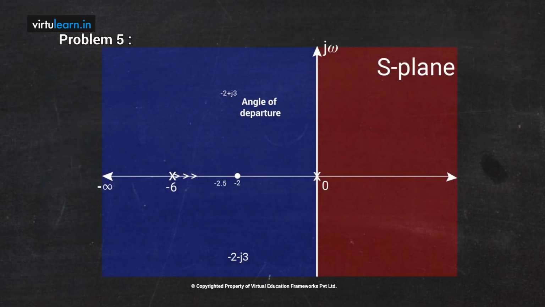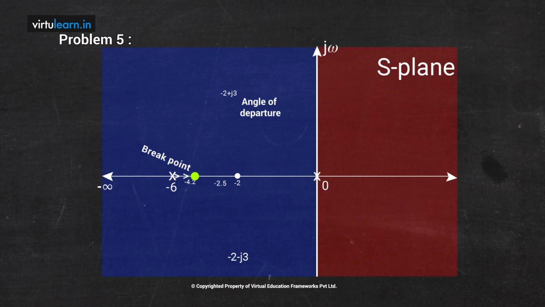When you look at the sketch, there are 1, 2, 3, 4 poles, which means there are 4 root locus branches. On the real axis we have two poles, and there is one breakpoint at minus 4.2, and similarly I have two complex poles.